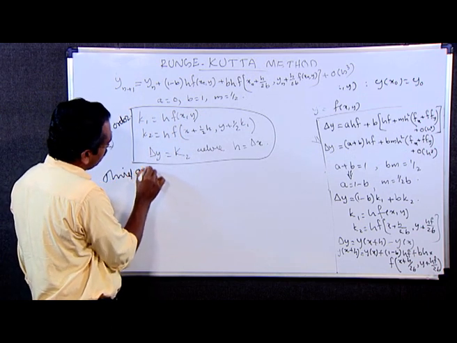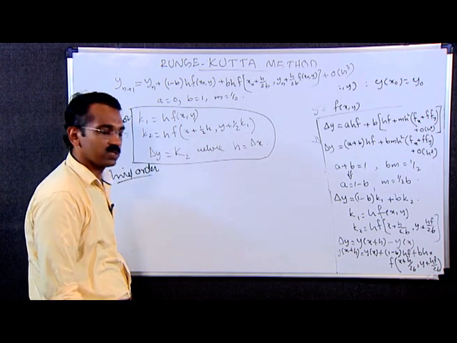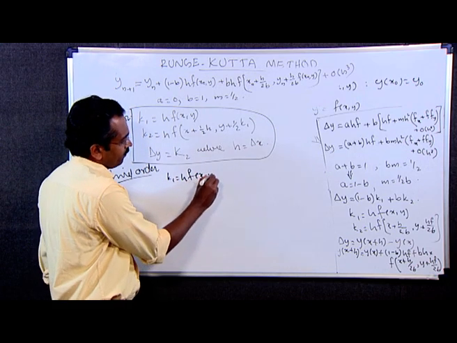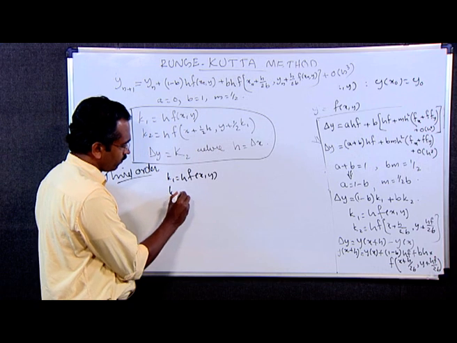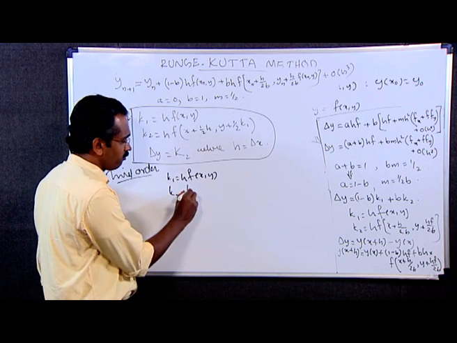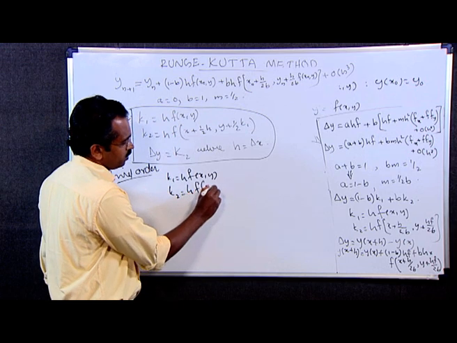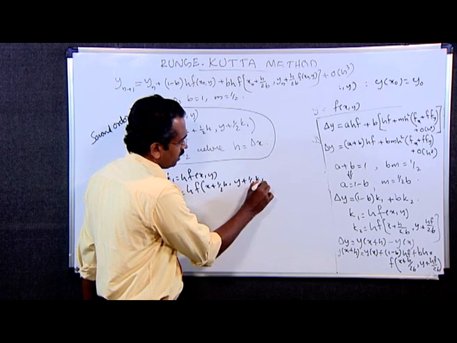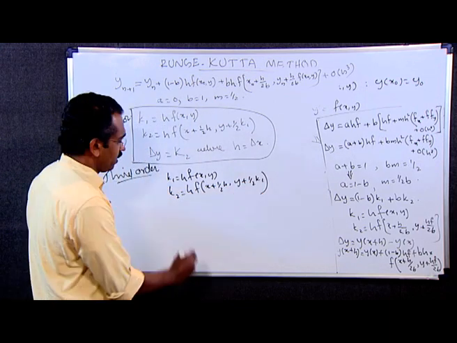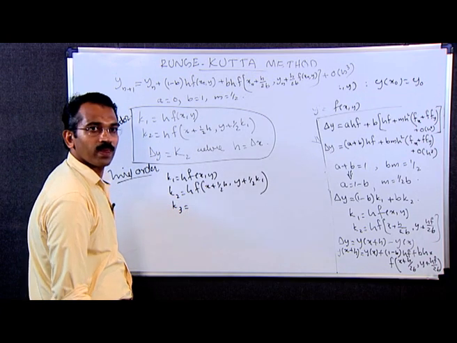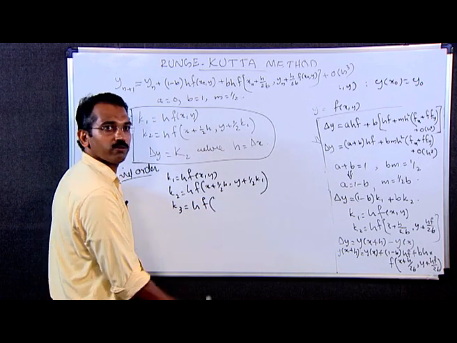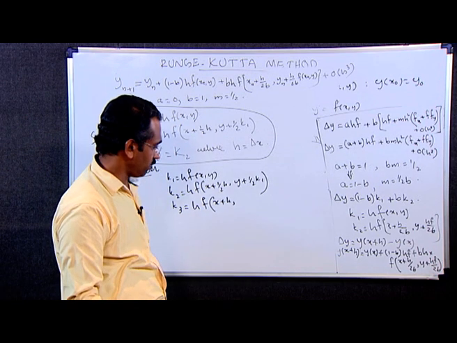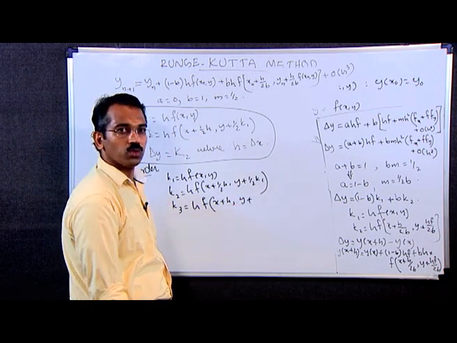Next is third order Runge-Kutta algorithm, which is K1 is equal to h into f of x comma y, K2 is equal to h into f of x plus 1 by 2h comma y plus 1 by 2 K1, K3 is equal to h into f of x plus h comma y plus 2 K2 minus K1.